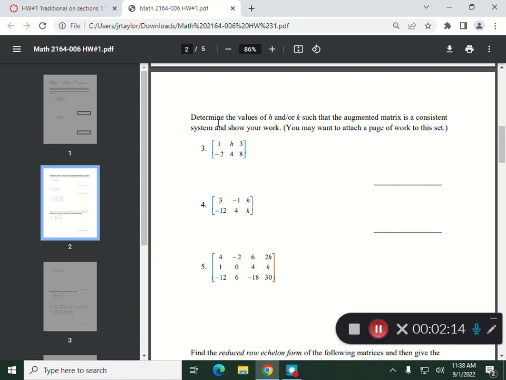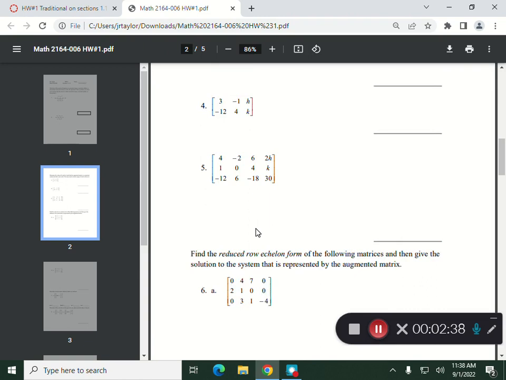Consistent unique means you get exactly one answer, or consistent infinite. That means it's still going to have answers, but an infinite number of them. I don't want inconsistent. Does that make sense? Inconsistent is zeros augmented with a number that's not 0. So you've got to tell me the values of H and K to make this matrix, which represents an augmented matrix of a system of equations, consistent.